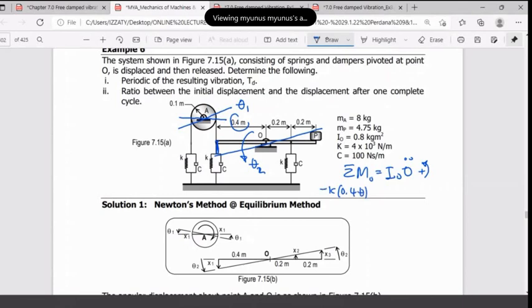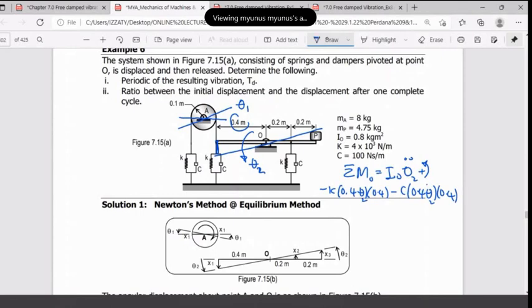Negative, not to forget, another 0.4. Same thing for C, negative C, 0.4, but not theta, but theta double dot. This one be 0.4. But remember, because we are dealing with this one theta 2, all this one become theta 2, theta 2, theta 2.